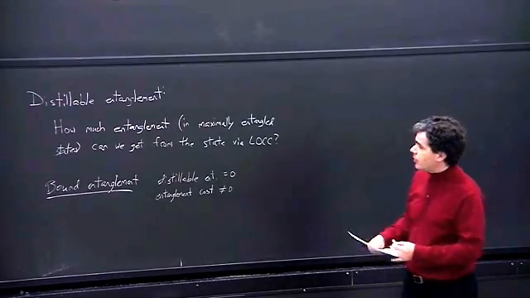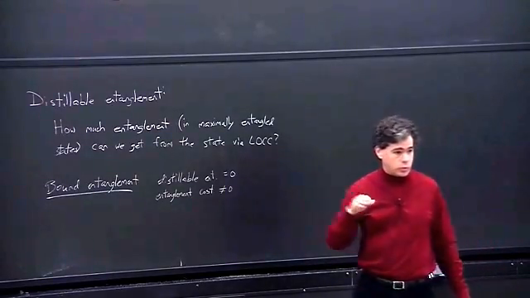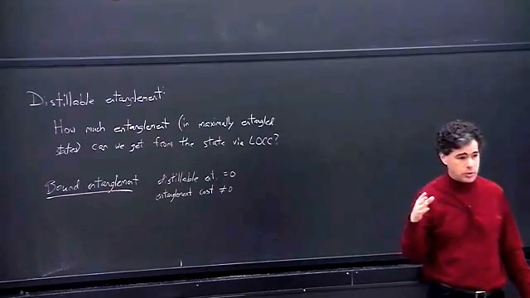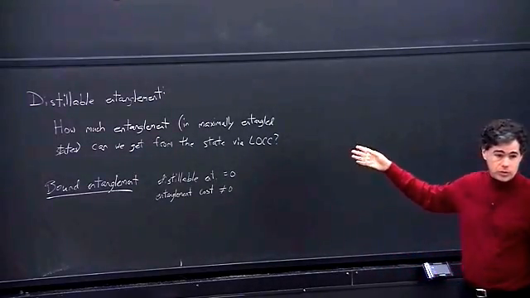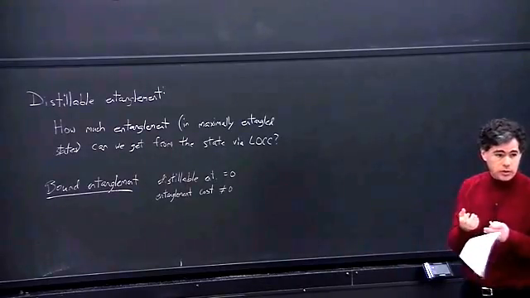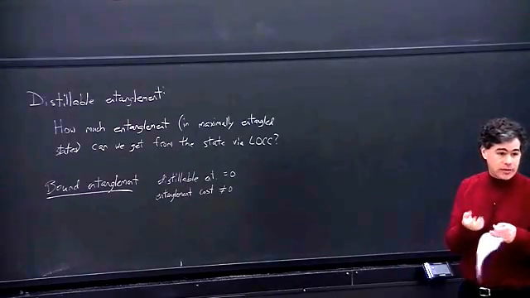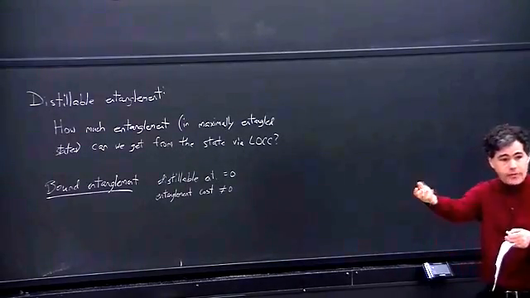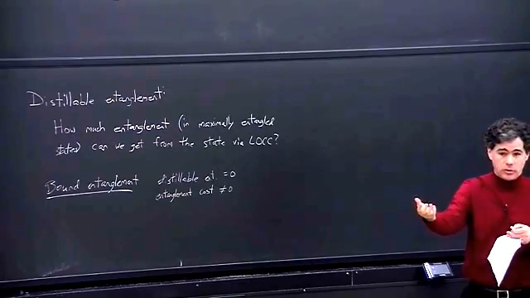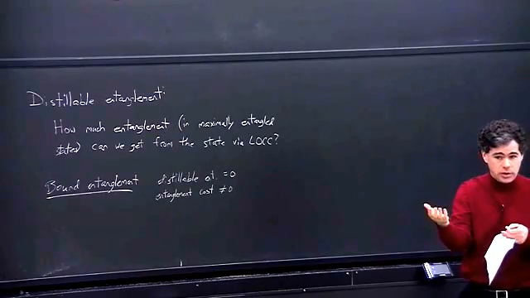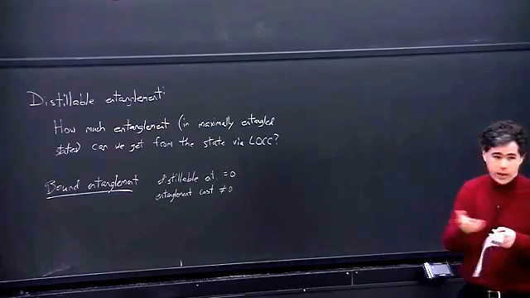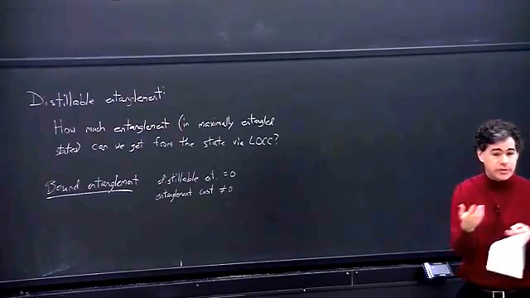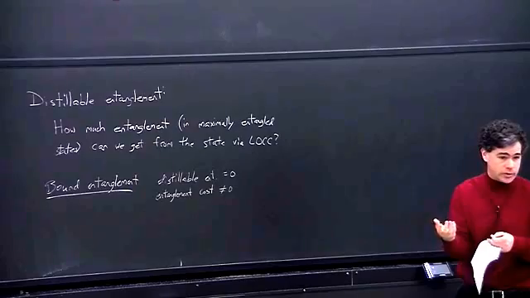Distillable entanglement is also related to the quantum channel capacity and quantum error correcting codes, because you can think of this as correcting errors, right? Suppose Alice creates a maximally entangled state and sends half of it through a noisy channel. Then what they get out is a mixed state of some sort. And suppose via LOCC, Alice and Bob can distill some maximally entangled states.